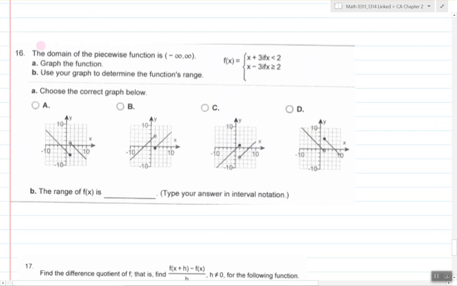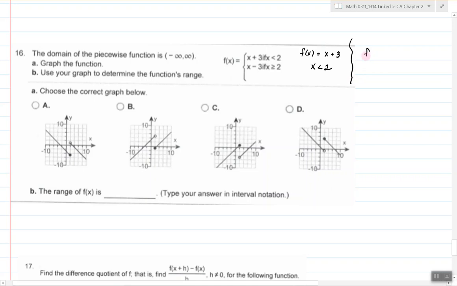Let's look at number 16. It's another piecewise function, and it says f of x is x plus 3 when x is less than 2.